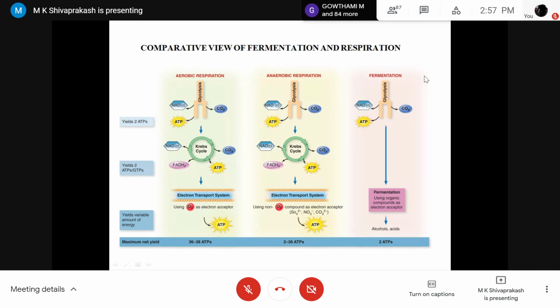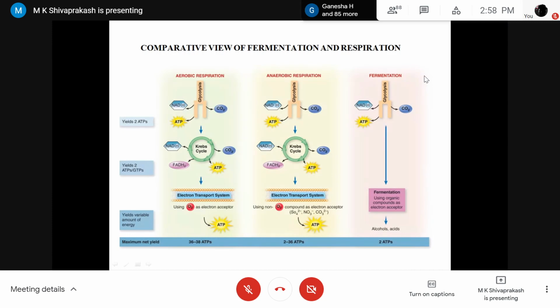Whereas in anaerobic respiration, in organisms which use alternate electron acceptors like sulfate, nitrate, carbonates or carbon dioxide and so on, what is the yield? It ranges from 2 to 36 ATPs.